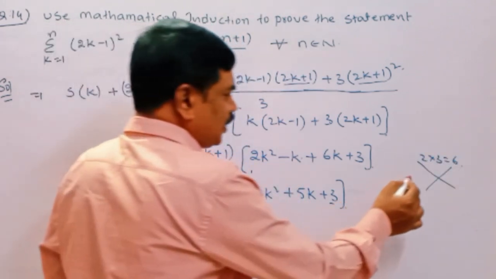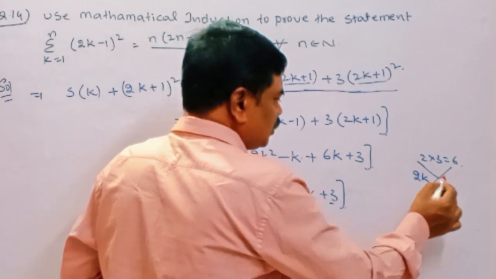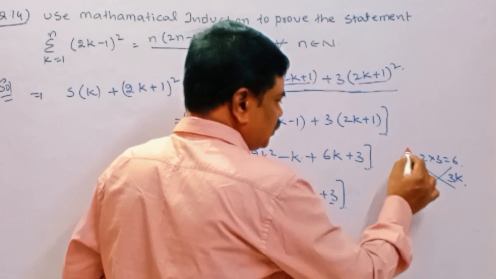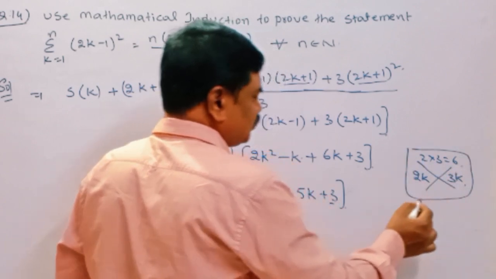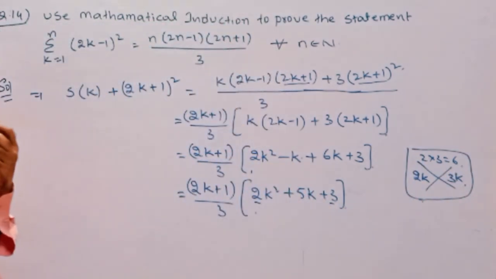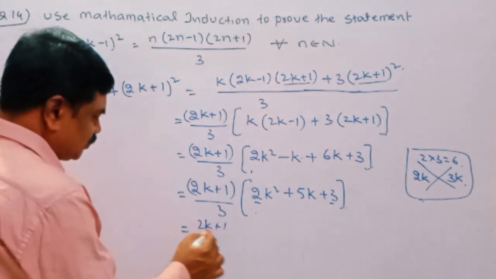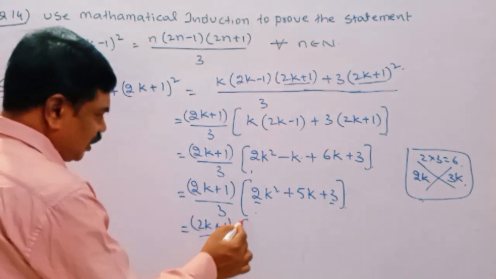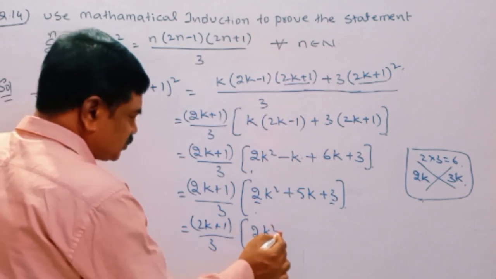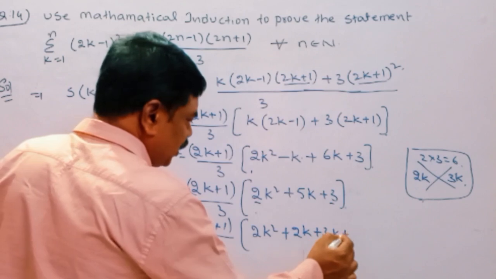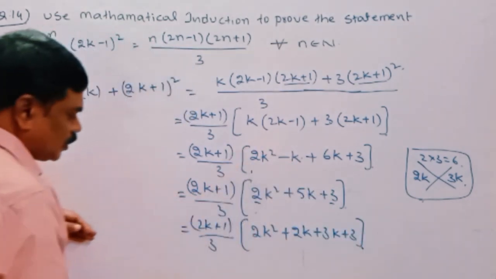This can be written as 2k and 3k. So (2k plus 1) by 3 of 2k square plus 2k plus 3k plus 3.